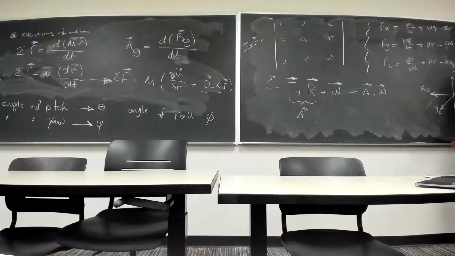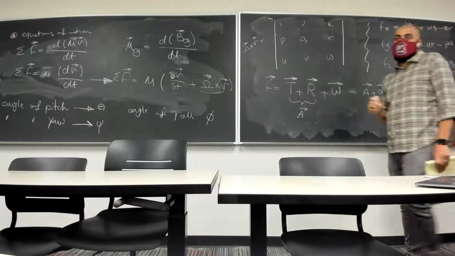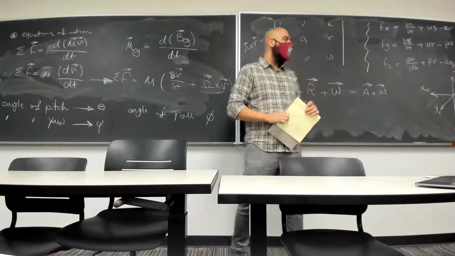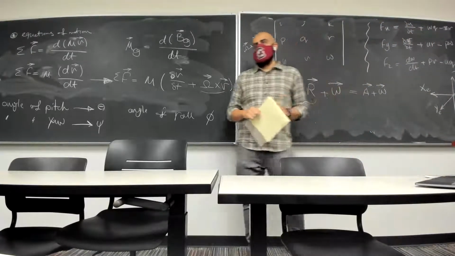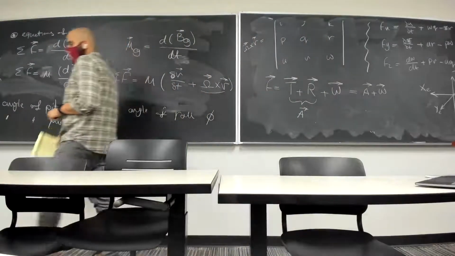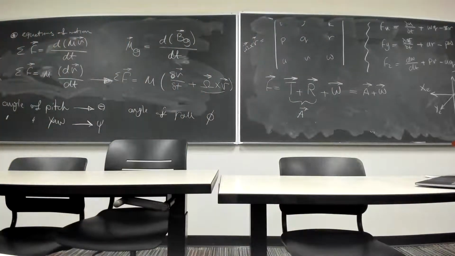But we can have three different frames of reference in our analysis, and we're going to have a more comprehensive discussion on this later in the course when it comes to orbital mechanics, right?